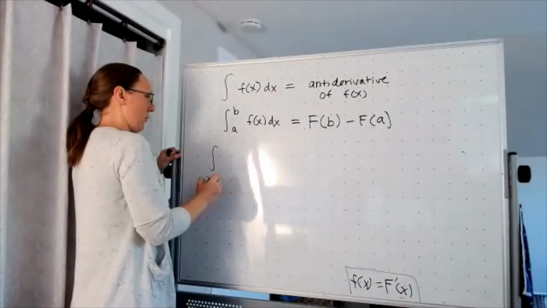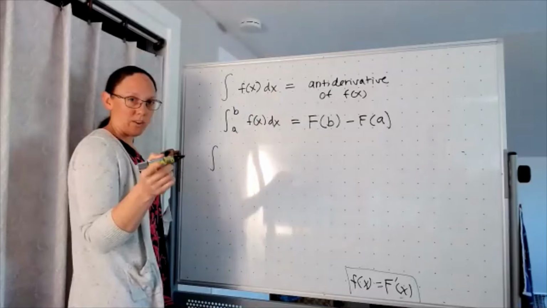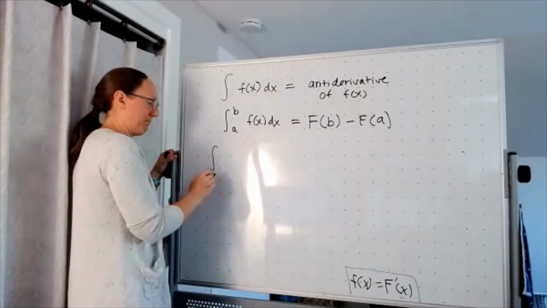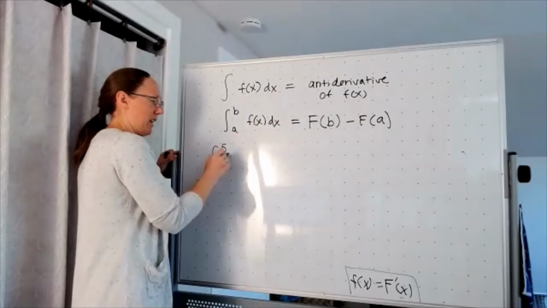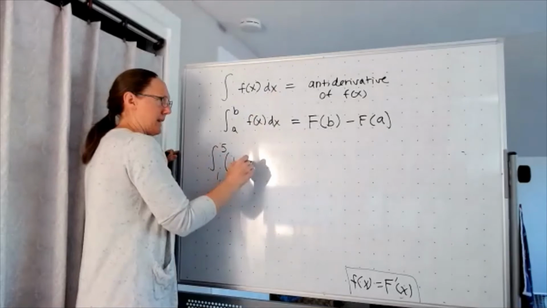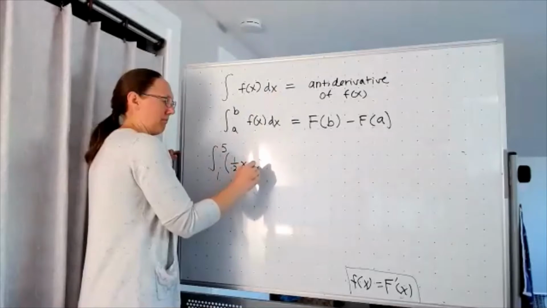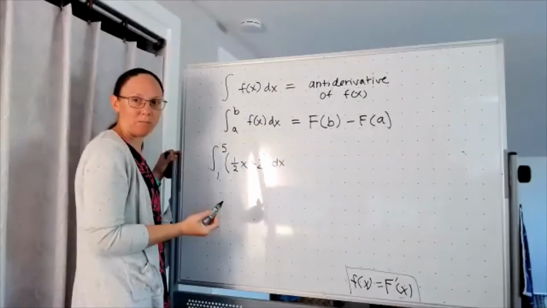So, let's do that one that we had with the trapezoid thing, right? Someone's going to have to remind me. We were going from 1 to 5, and the function was 1/2 x plus 2. I think that's the function we had before.